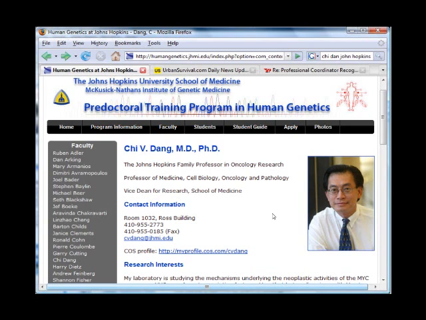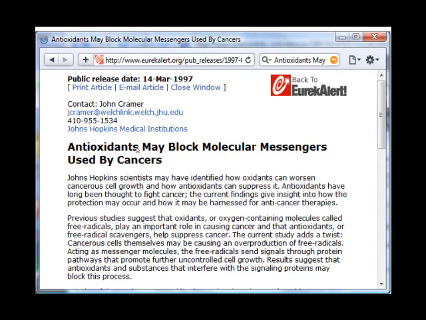And he said what he discovered will change the cancer treatment industry completely. Antioxidants may block molecular messages used by cancer. It's published by Johns Hopkins University.